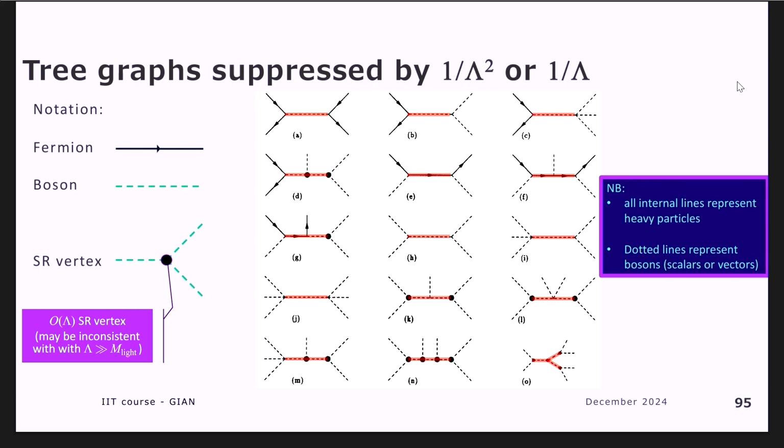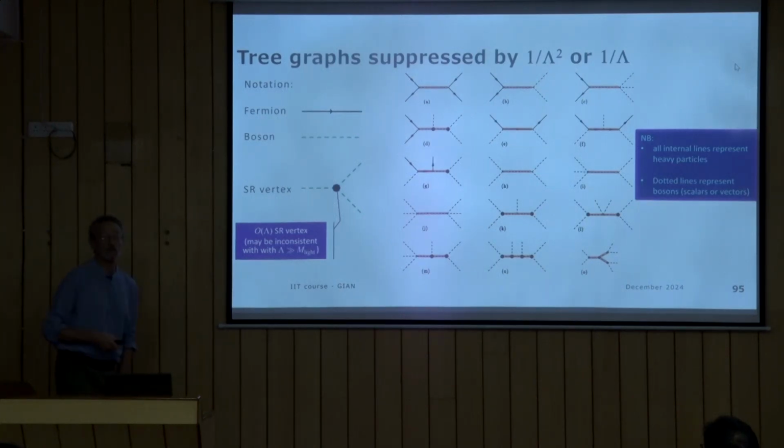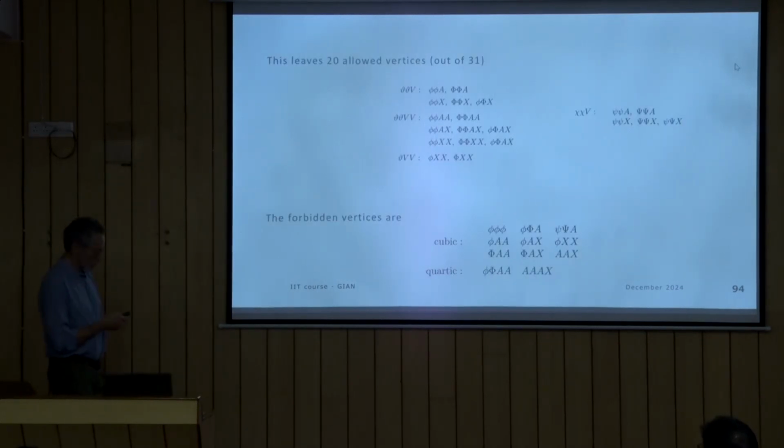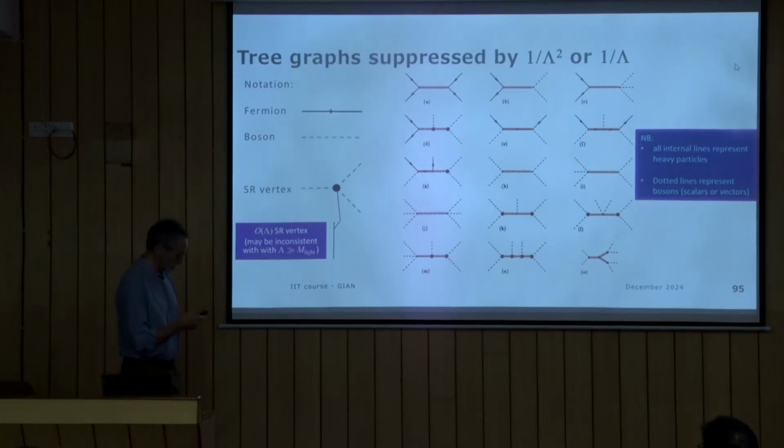So this project, when I went through it, had 3 painful stages. Painful stage number 1 was doing this. Painful stage number 2 was doing this, finding which graphs are allowed.